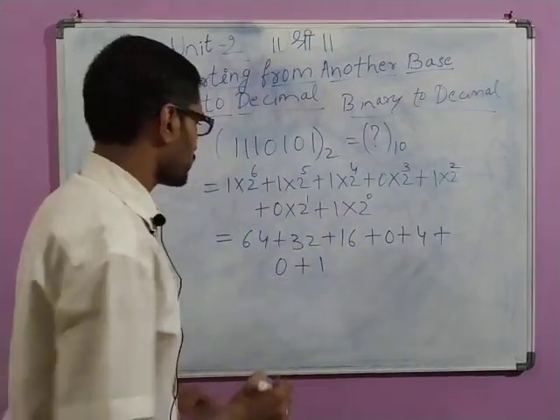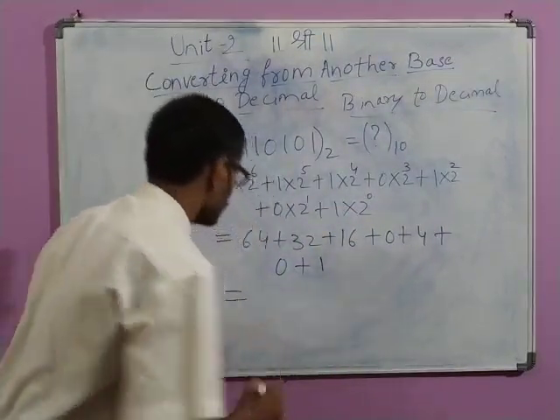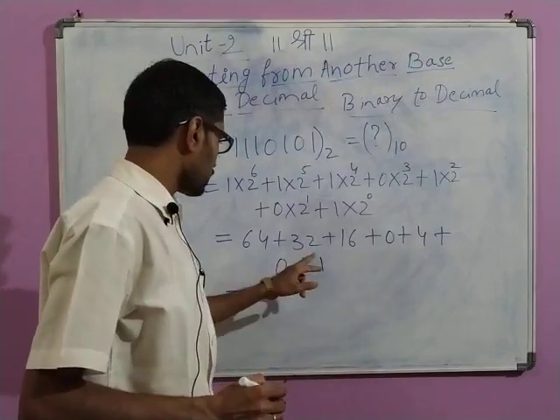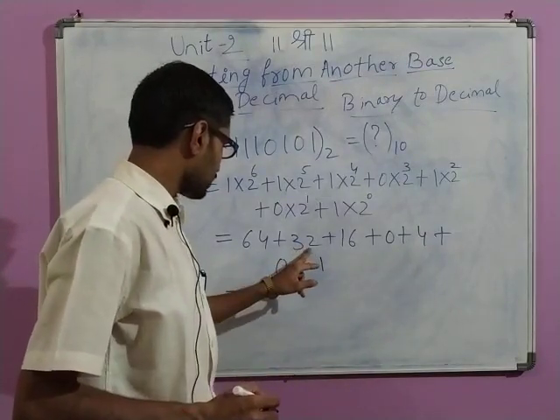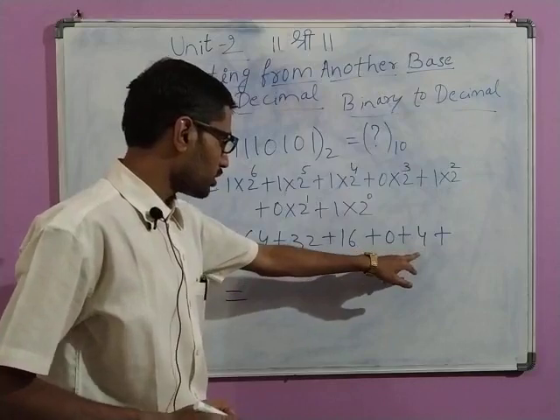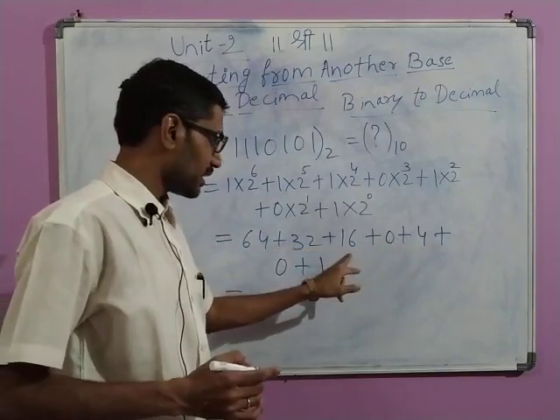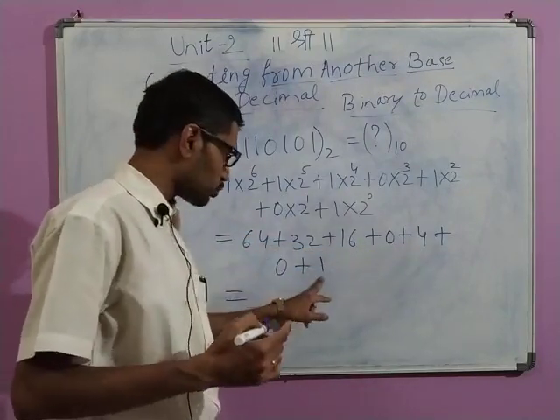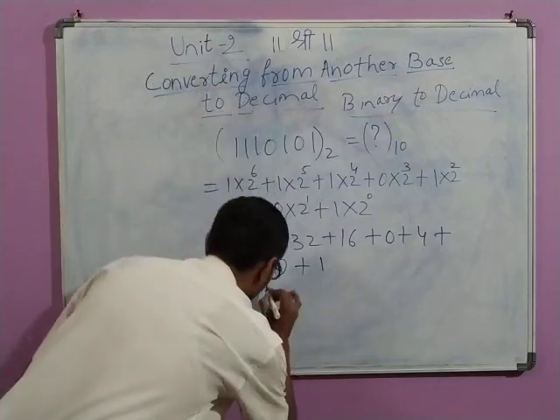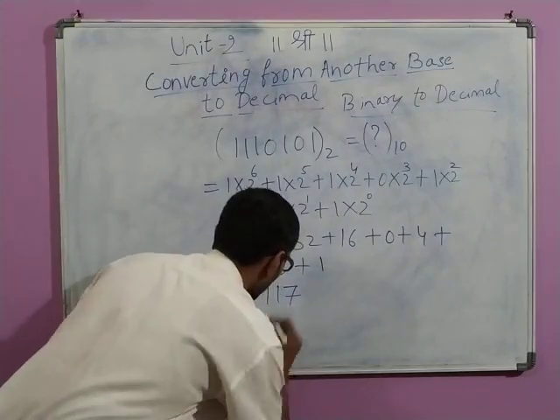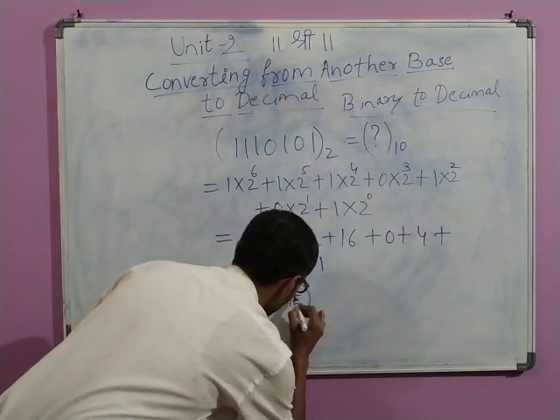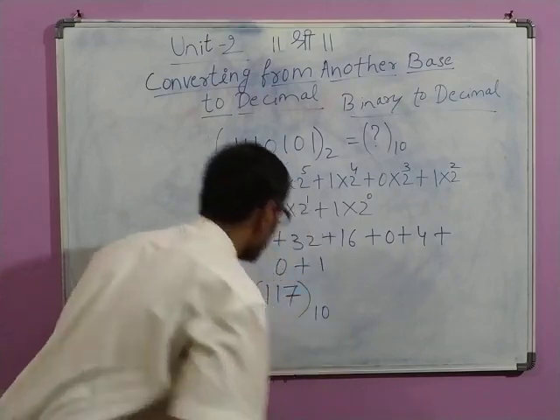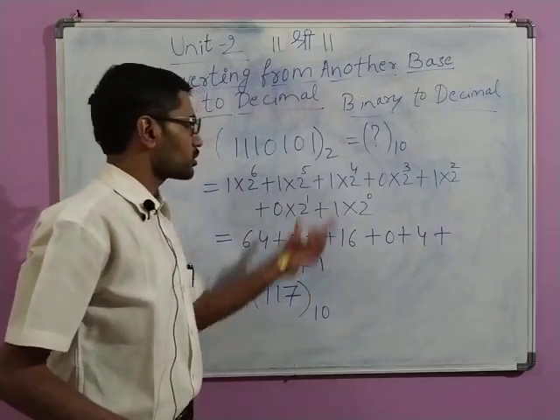So 64 plus 32 plus 16. 64 plus 32 is 96, 96 plus 4 is 100, 100 plus 16 is 116, 116 plus 1 is 117. So 117 to the base 10. This is the answer for this question.